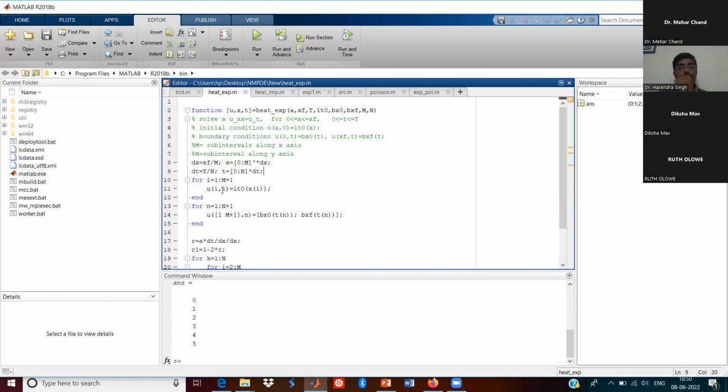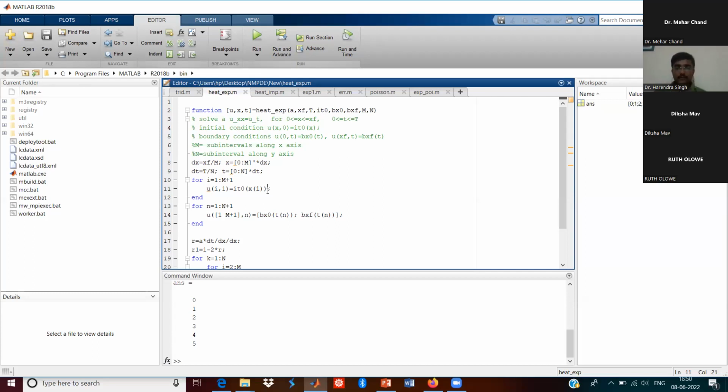For now we will run a loop. You will use a loop for the computation of u(i,1). This is the initial condition. We are filling in the initial condition, it0 of x_i. You know that it0 of x is the initial condition. In the initial condition we take t equal to 0, so it is a function of x.